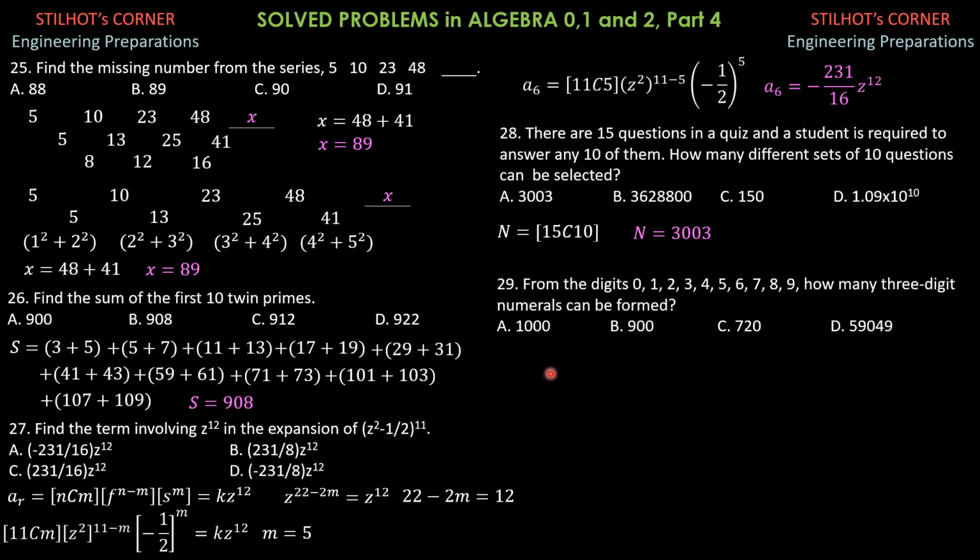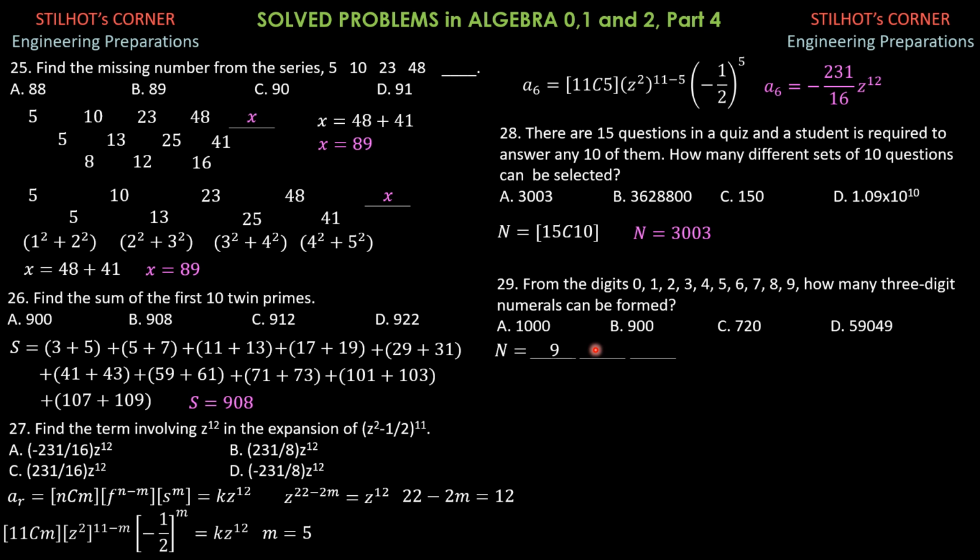So therefore, in the first position, there will be 9 ways to assign a digit there, so that the resulting 3-digit number would be a numeral. So again, we draw 3 blanks. In the first position there are 9 ways to assign a number because 0 is not included.